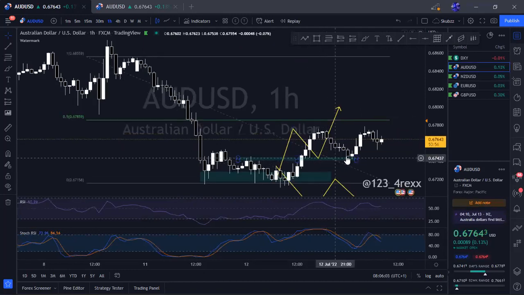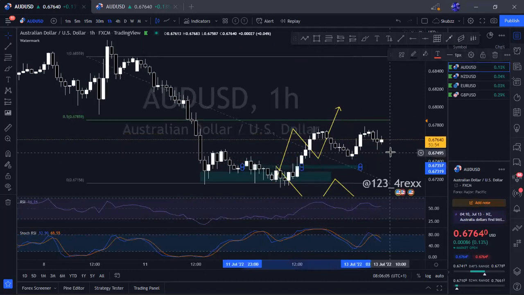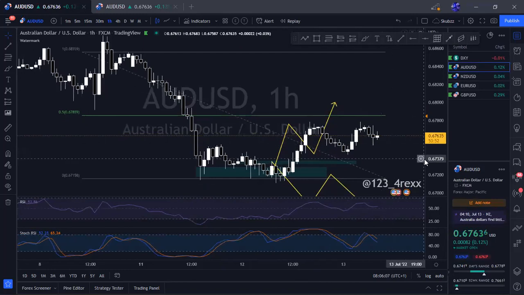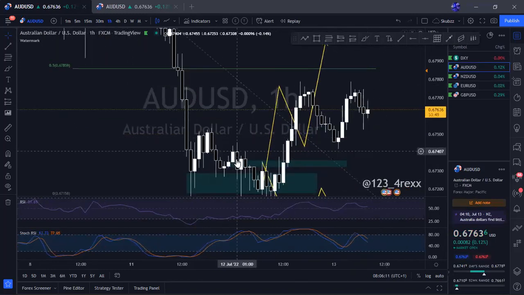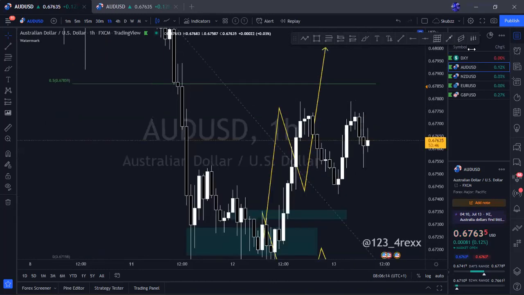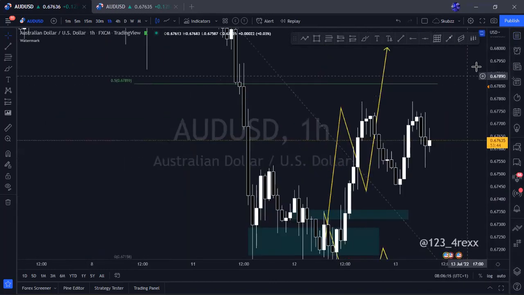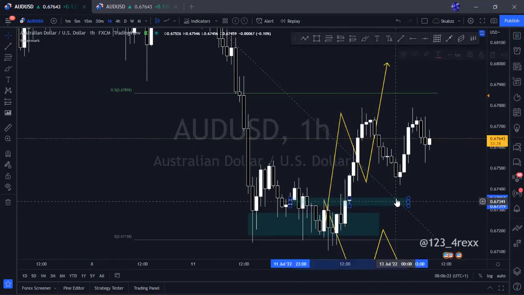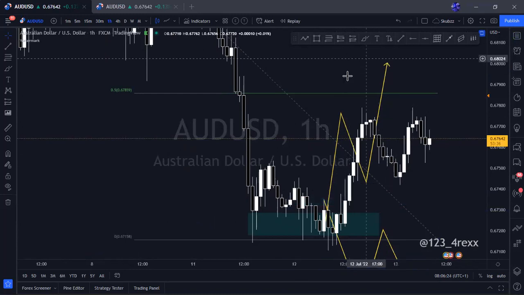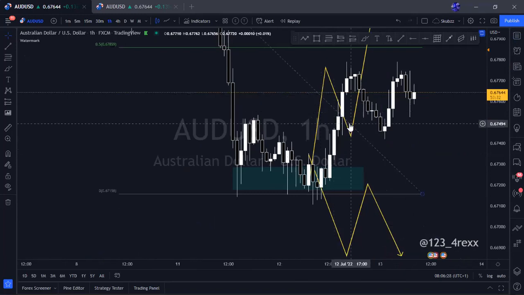This was basically the analysis we had on AUD. So we had that break, and then the retest. I was talking about this whole break and retest.